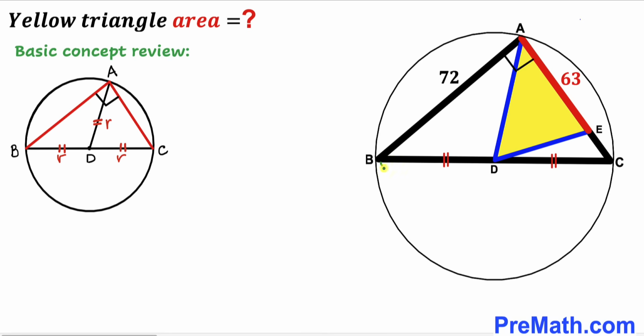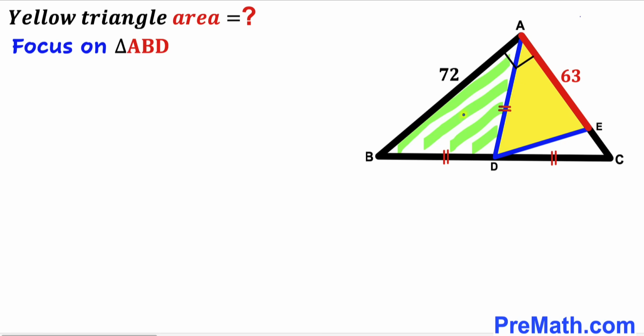We can see this BD is our radius lowercase r, this CD is our radius lowercase r as well, and furthermore, this line AD is our radius as well, so it's going to be lowercase r as well. So therefore we conclude that this segment BD equals this segment CD, and that is going to be equal to this segment AD.